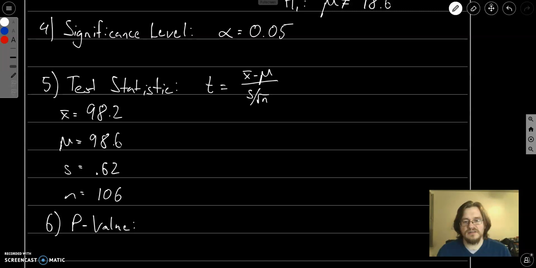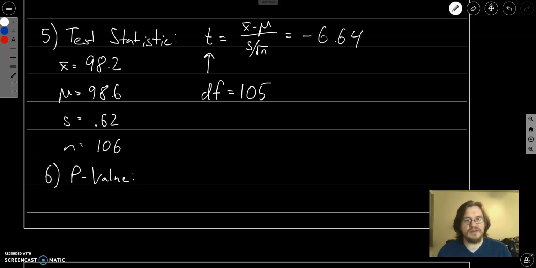So when we plug all these guys in, we get negative 6.64 rounded to 2 decimal places. Remember that for the t statistic, for the t distribution, we also need the degrees of freedom, which is 1 less than n.